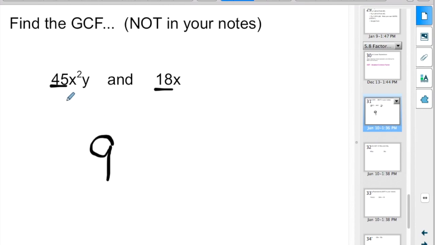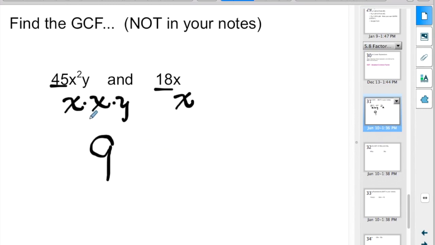Next, we look at the variable parts. I want to take a look at x squared y and I want to expand it. I want to write it out not in exponential form. So x squared y means x times x times y. I want to do the same thing to this term, and it's a lot simpler of a variable piece. It's just a lonely x.